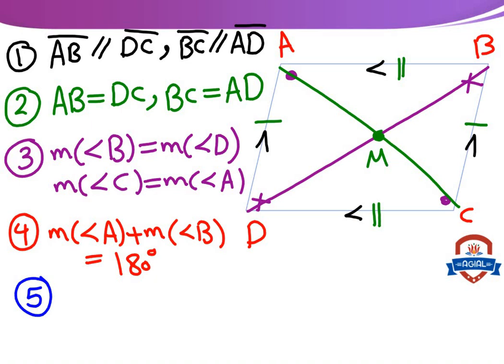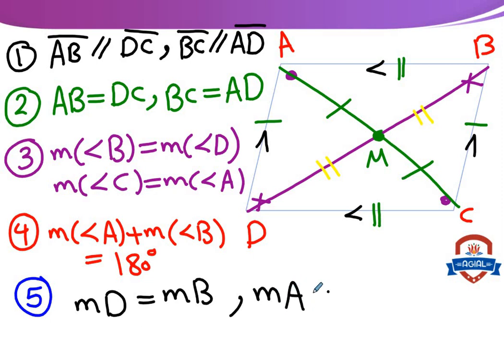This means MD equals MB, the length of line segment MD equals MB, and MA equals MC.